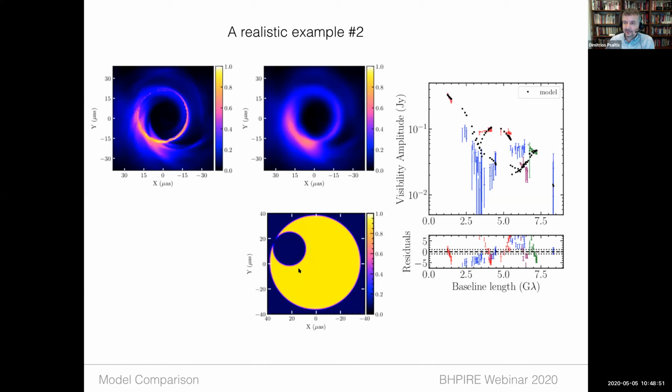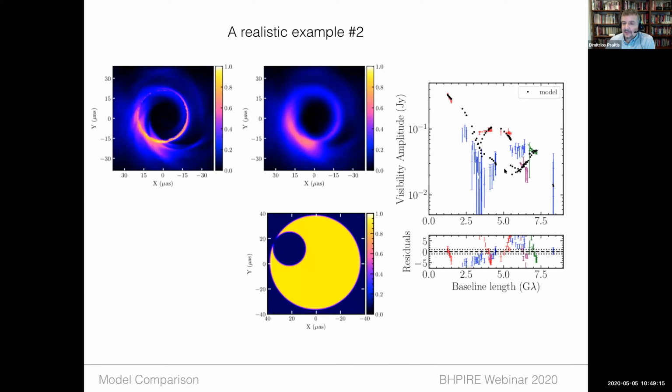And at the bottom is the image that you infer by fitting that model to the data generated from this GRMHD simulation. What you see is that the process completely failed. The size is maybe twice as big as the true size. The relative width is completely wrong. The orientation is 90 degrees away.